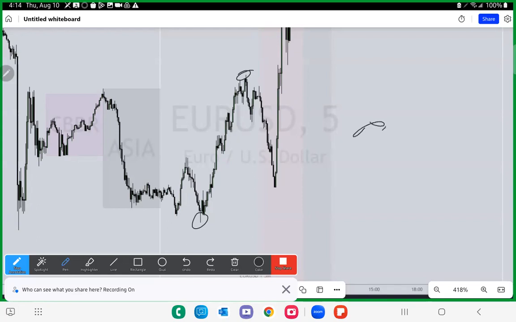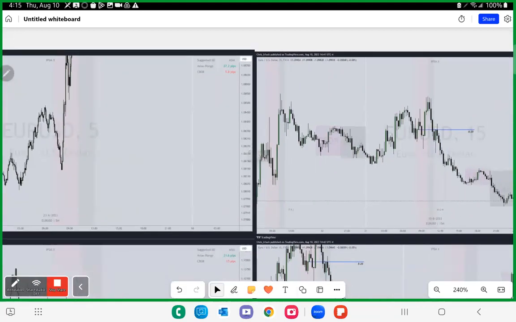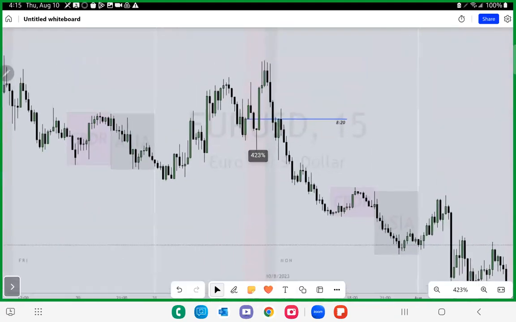A PD array is only a means of potential, meaning that it provides potential for price to change its state of delivery or to change its current state of order flow. Well, how do we confirm that? We confirm that by model X, which is the entry model that we teach. And once again, it's super objective. I can't stress that enough. Here's another example here.